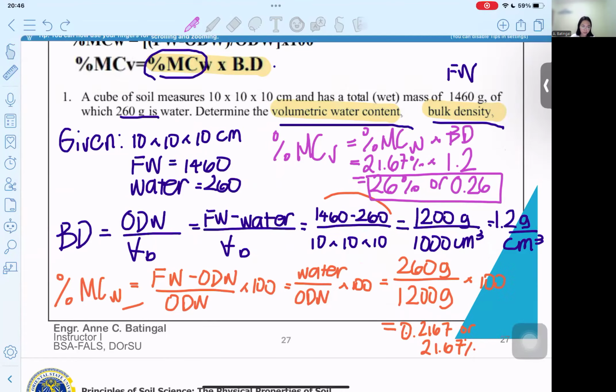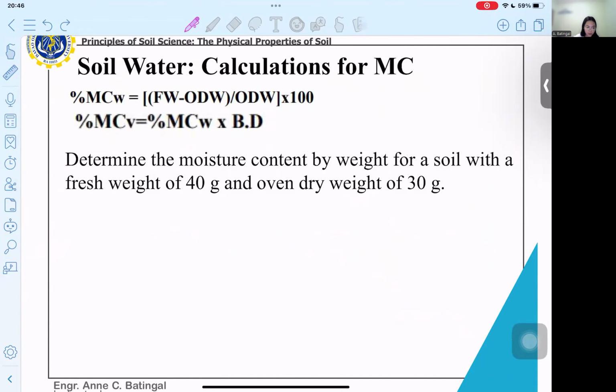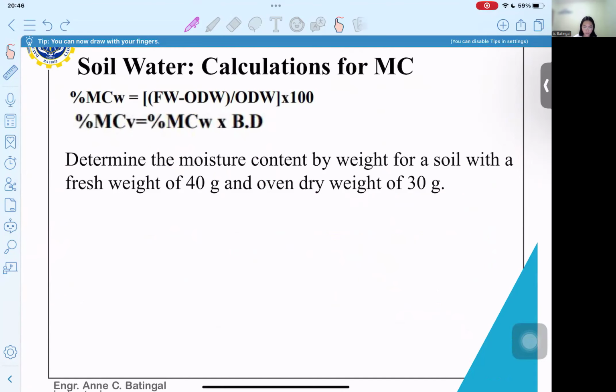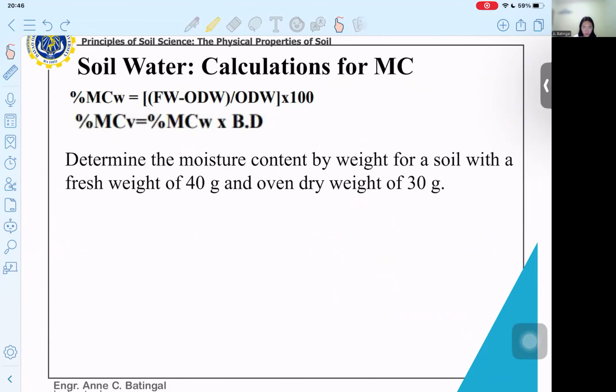Determine the moisture content by weight of a soil with a fresh weight of 40 grams and an oven-dried weight of 30 grams. So, ang gipangita sa problem is your moisture content by weight. Now, moisture content by weight is kaninang formula.